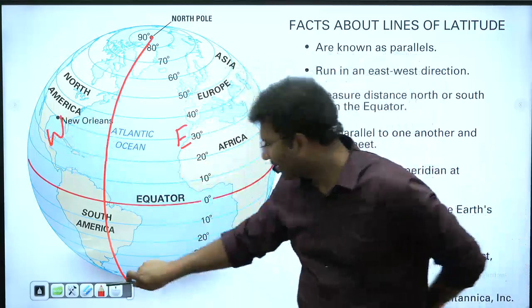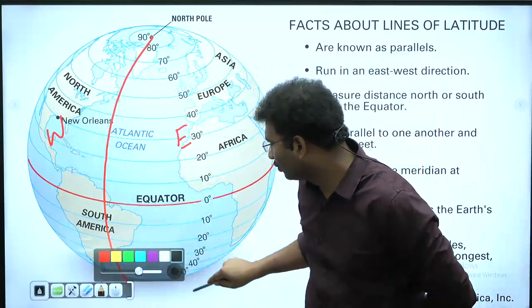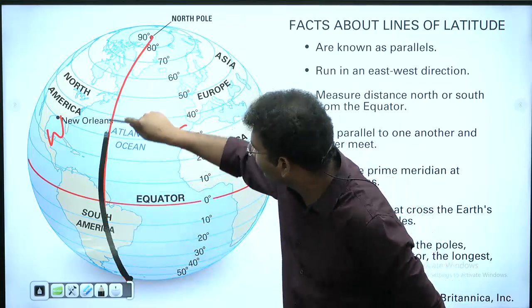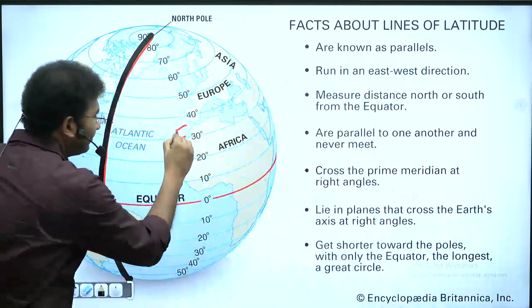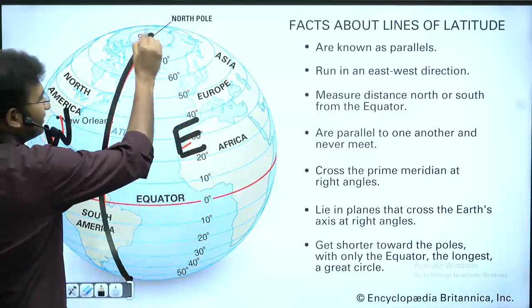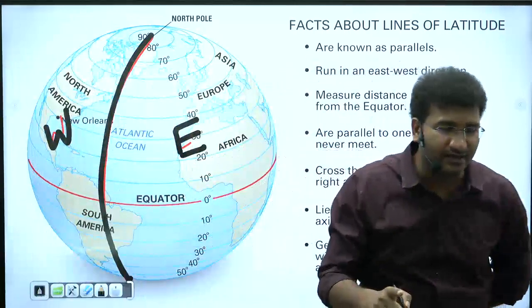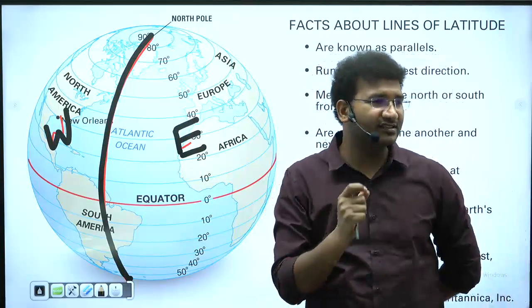Just imagine I am drawing a line that divides the earth into two parts. This is the line connecting the north pole and the south pole, and this line will divide the earth into east and west. Now I'll call this line the first line which I have drawn. I'll call this the prime meridian, and that prime meridian is also called 0 degrees longitude.